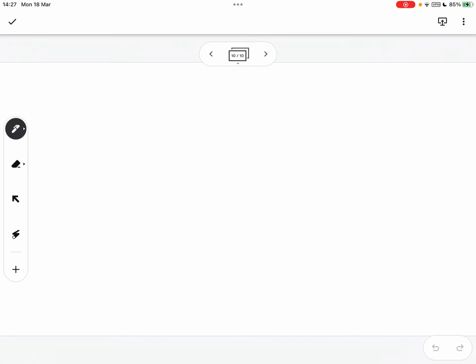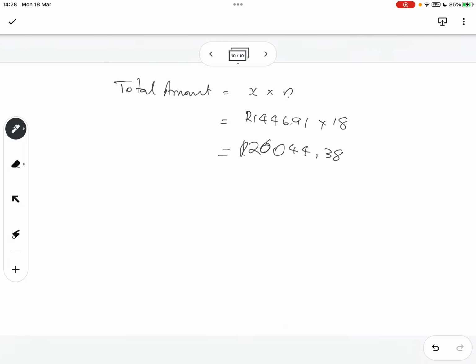So the total amount would be the payments times the number of months, 1446.91 times 18, and he will have in total paid 26,044 rands 38 cents.